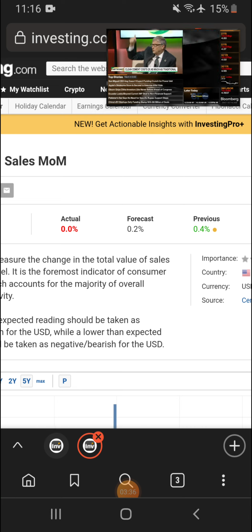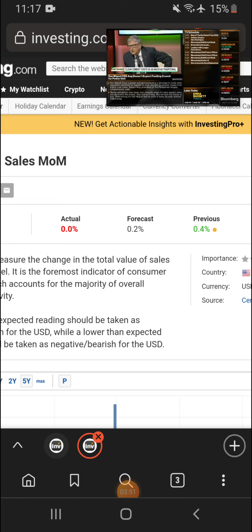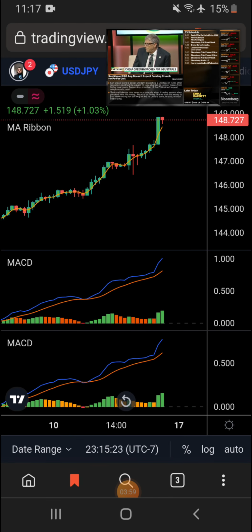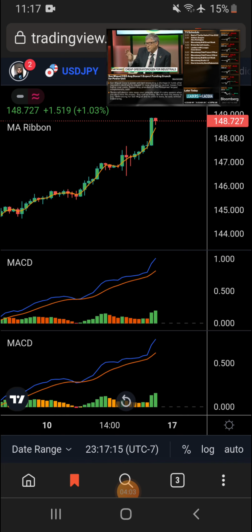So going forward from previous, it showed a bearish stance towards the US dollar, and from a forecasted perspective, it was also less than. So for the short term, it was bearish supposedly. But as you can see, that wasn't the case here.